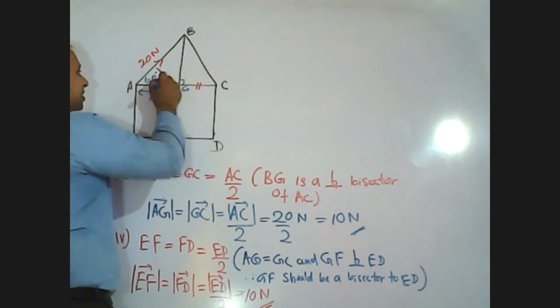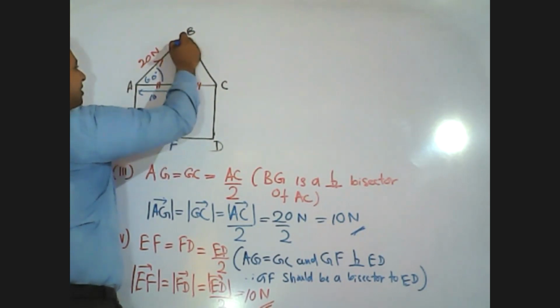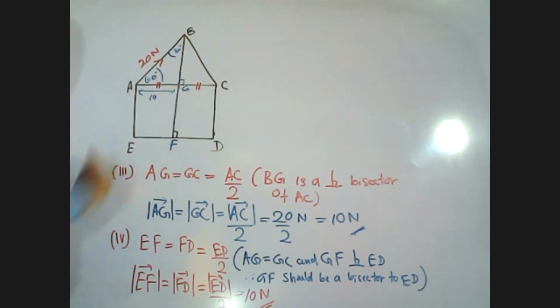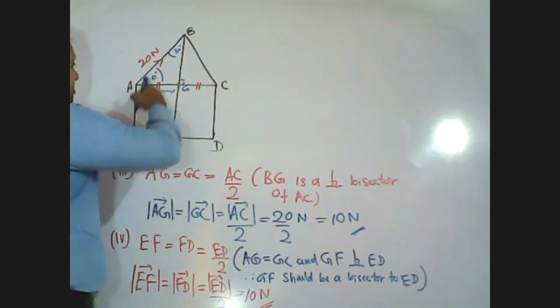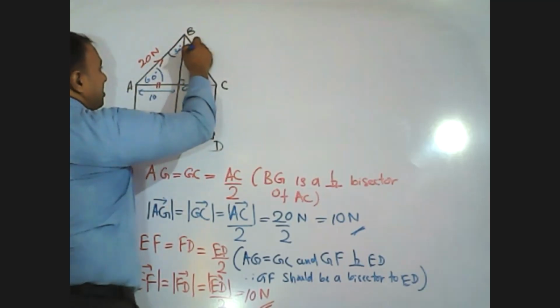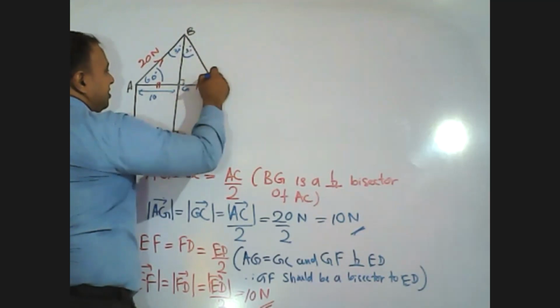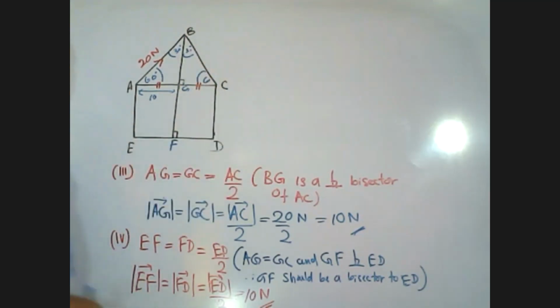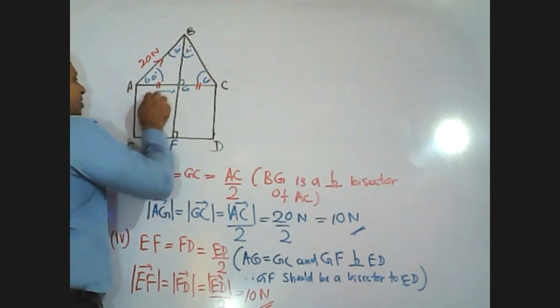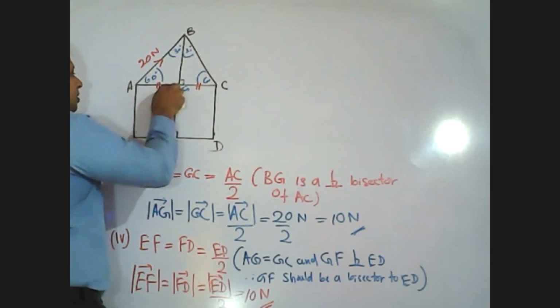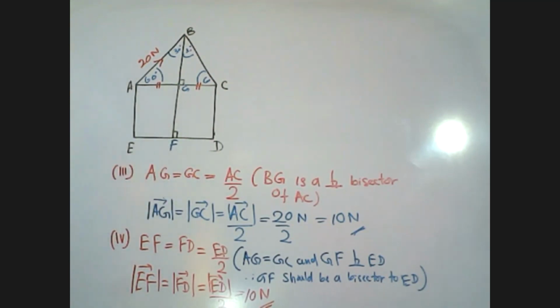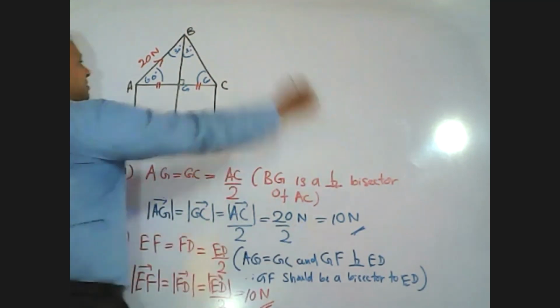But the easiest way is different. This angle is 60, this angle is 30. As this is an equilateral triangle, this angle is 60, this angle is 30, this angle is also 30, 60. So you can use trigonometric ratios instead of the Pythagoras theorem to find the value of BG. Look at this, BG.